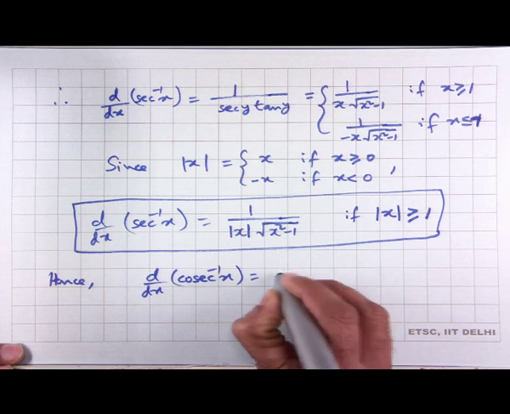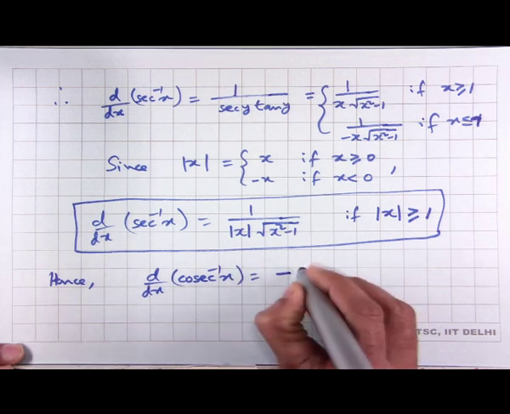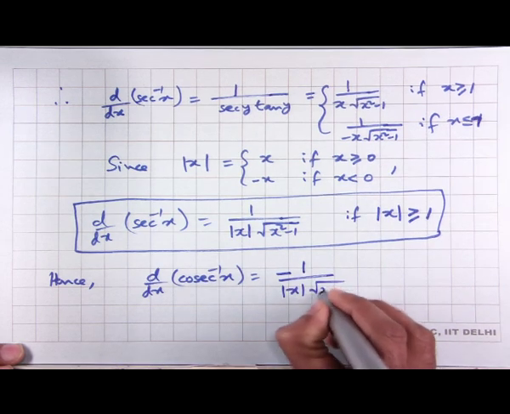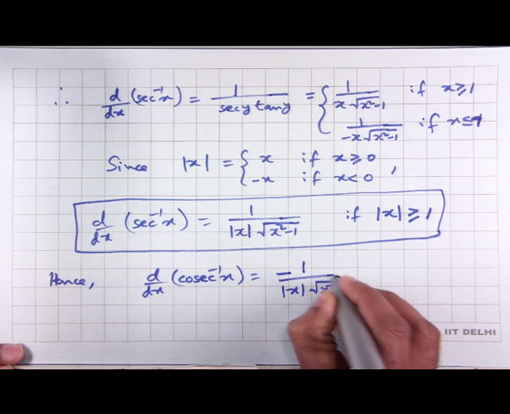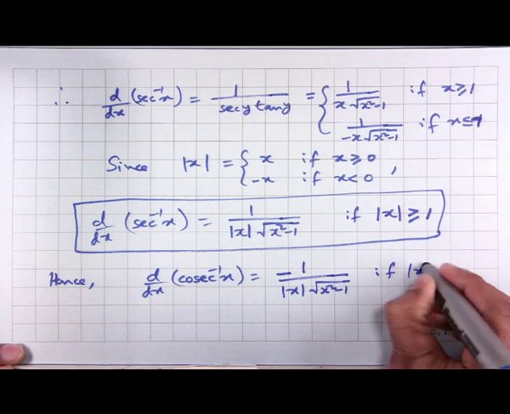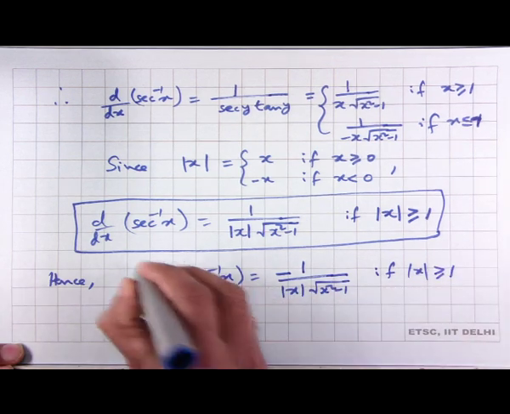This is equal to minus the derivative of secant inverse x. So, minus 1 by mod x times square root of x square minus 1. Again, this is defined only for mod x greater than or equal to 1.